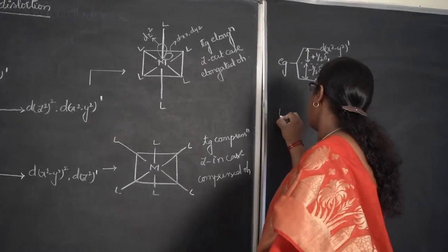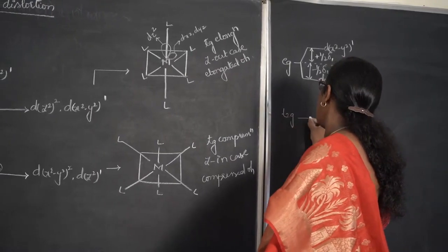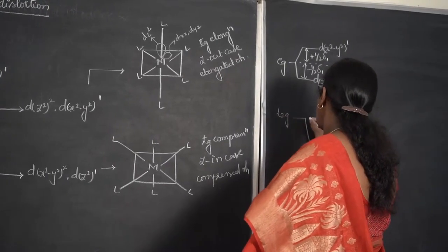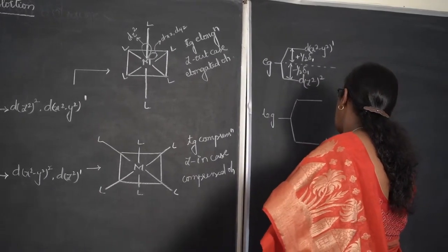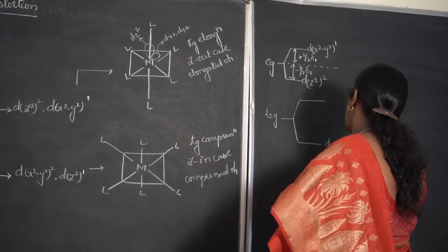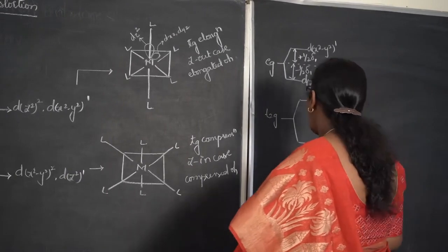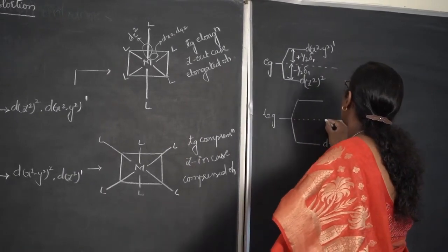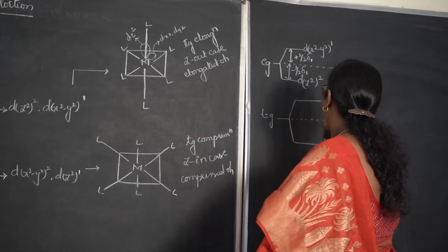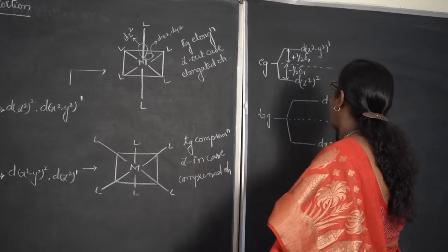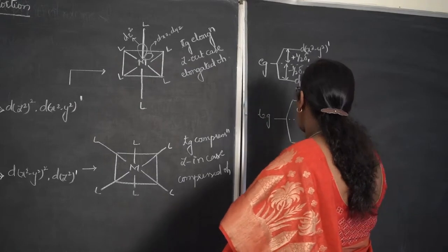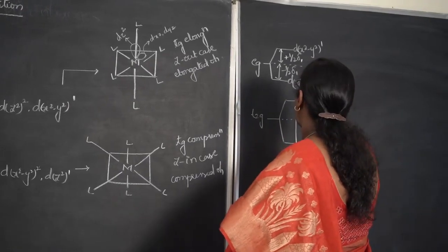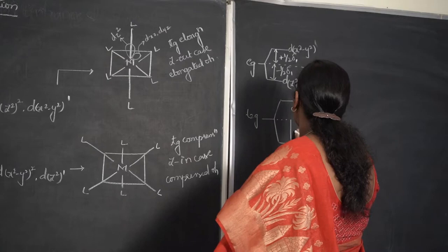And when you take the t2g set, the orbitals close to the z-axis are dxz, dyz. So they are going to lose energy, and the orbital dxy is going to gain energy. And what is the energy loss or gain here?